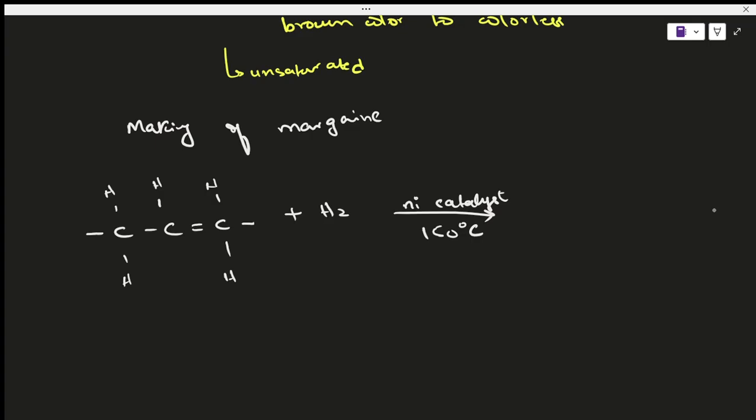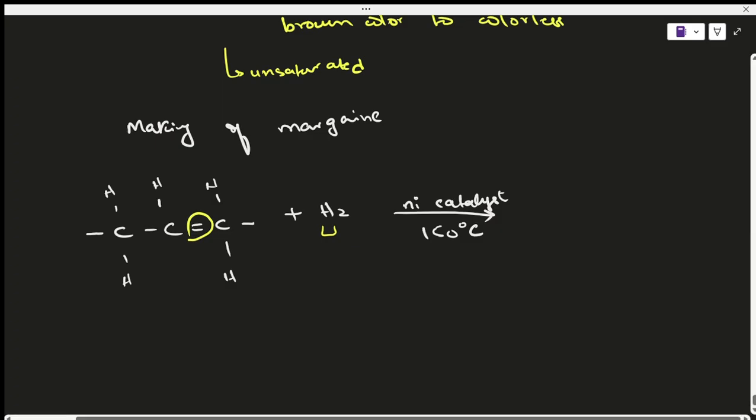So this double bond, very unlucky double bond, is gonna get broken. Okay, this double bond is gonna get broken, and these two hydrogens are gonna attach themselves in place of this. Oh, I made a mistake. I'm very good at making mistakes.